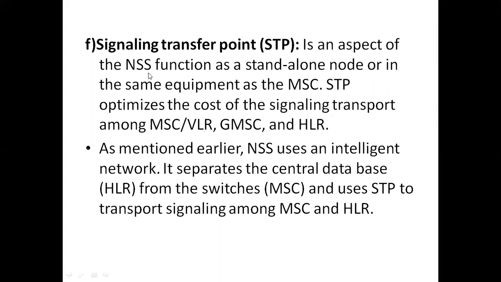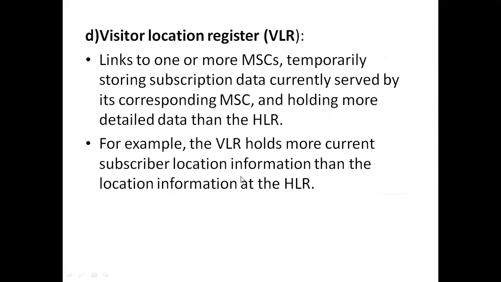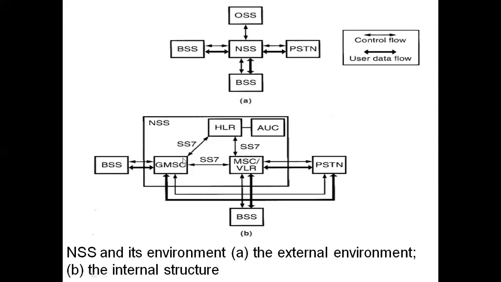If you see the figure, here the signaling transfer point is used to reduce the cost of signaling transport between MSC or VLR to GMSC as well as HLR. So in order to reduce the signaling transport cost, we are using STP.